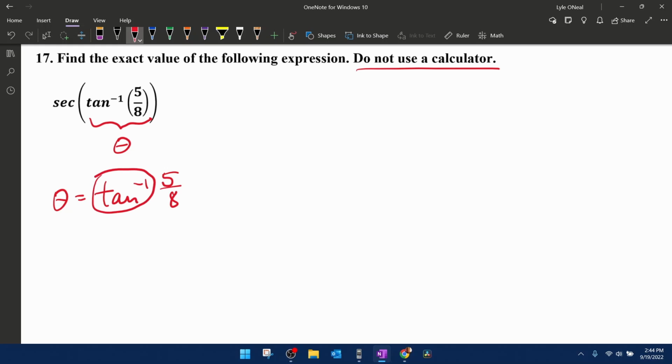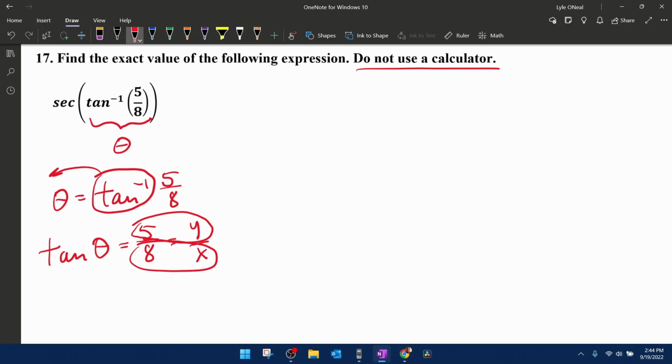I'm going to bring my inverse tangent to the other side, which tells me that tangent of theta is 5 eighths. But we know that tangent is y over x. And so that tells me my value for x and y. And now I can find secant of theta, okay?